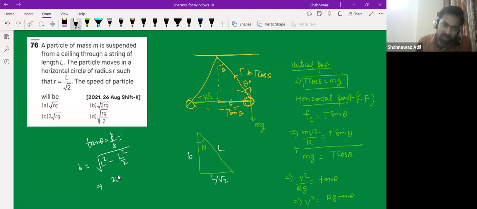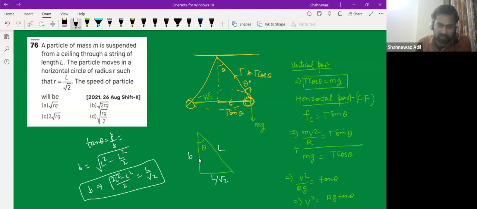So that is 2L square minus L square by 2. So that is L by root 2 again, which means that this will cancel, right? So this is L by root 2.